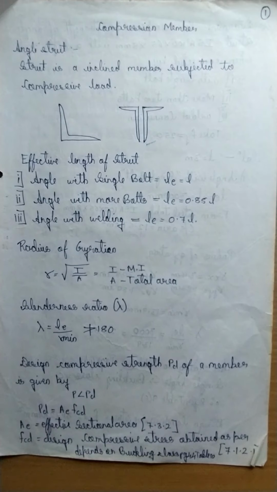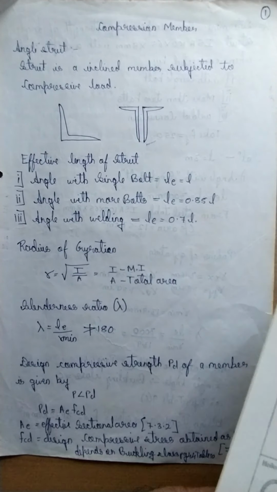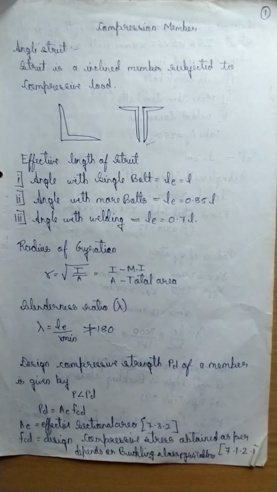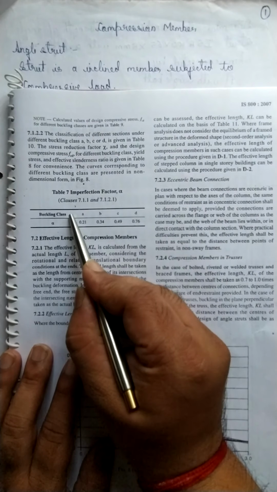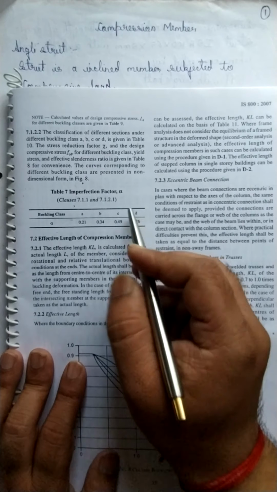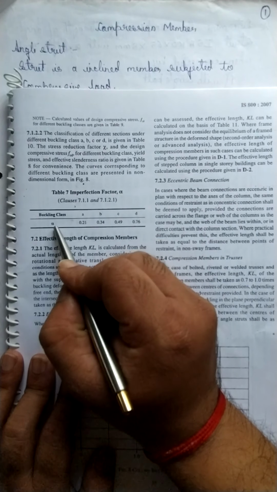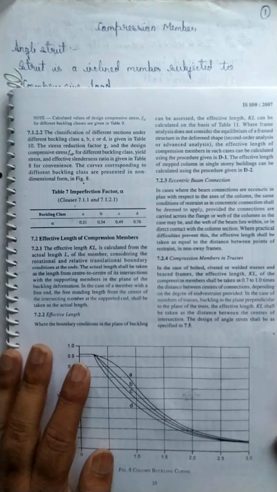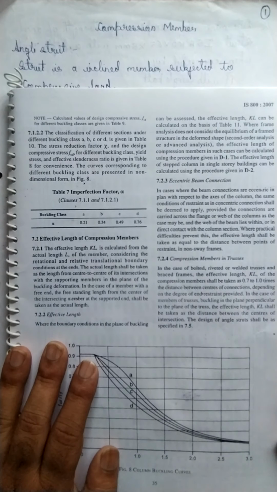Now this is very important, because we need to classify the members according to the buckling class. So we have buckling classes A, B, C and D. This is with respect to the type of section.